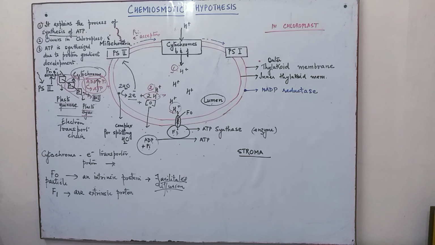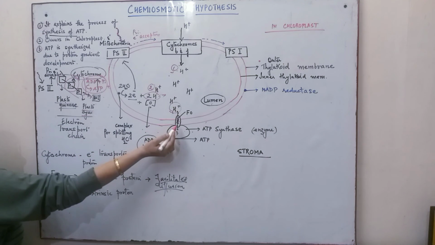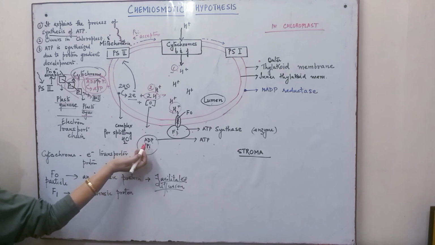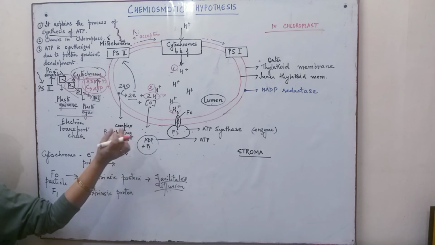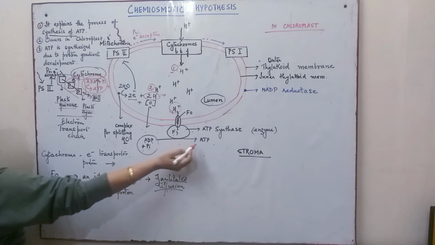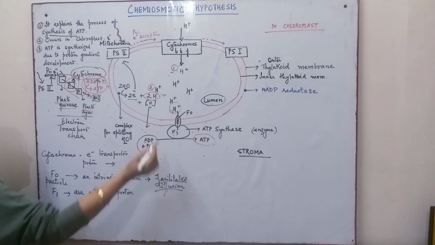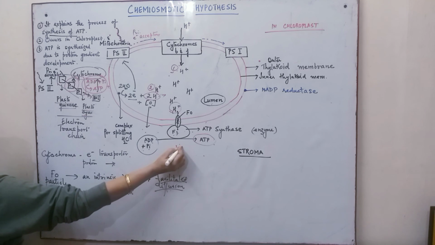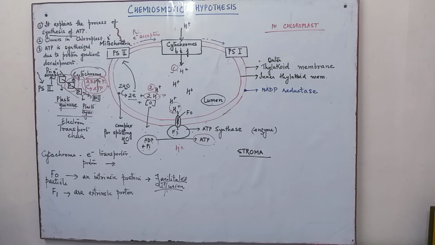We call it ATP synthase, or an enzyme, because it uses this energy to help in combining the ADP with inorganic phosphate to form the ATP. And the hydrogen, that is the protons, are again released into the stroma with a lower energy level.